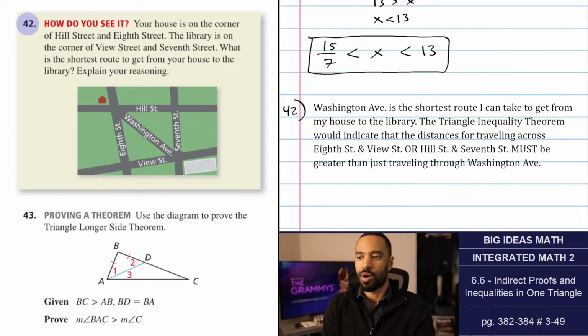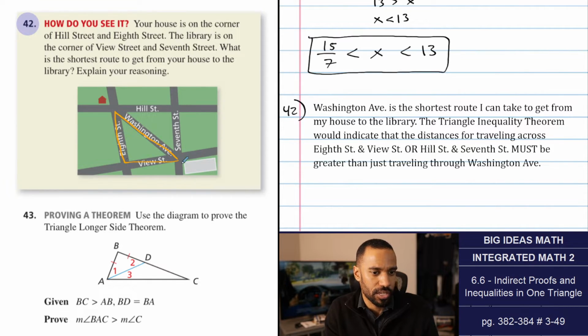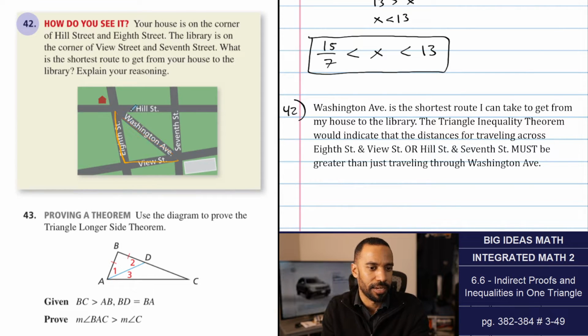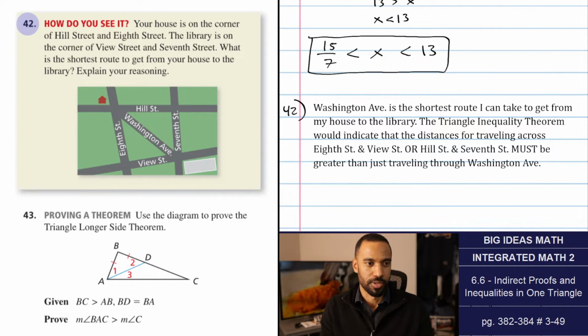See, this is the triangle inequality theorem at play. The sum of two sides, boom, boom, must be greater than any third side, even if it's the longest side. So this distance must be longer than that, and this distance must be longer than that if these are indeed triangles. And they are. That's just how the drawing is. So that's how 42 is.